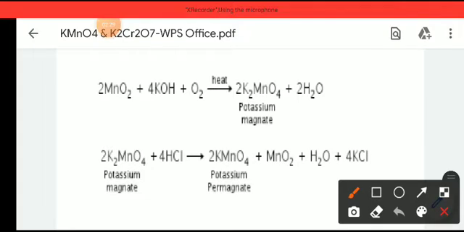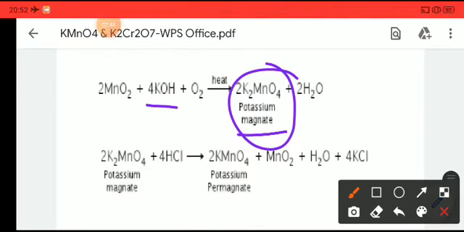In the first step, manganese dioxide is reacted with potassium hydroxide and oxygen, forming potassium manganate, K2MnO4. This compound is further reacted with HCl, that is hydrochloric acid, to produce potassium permanganate, KMnO4.